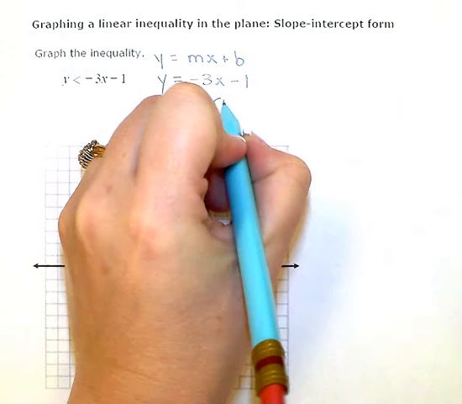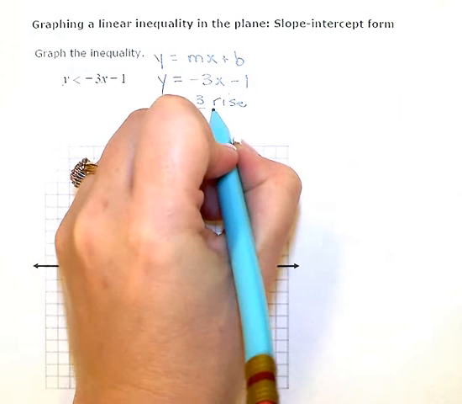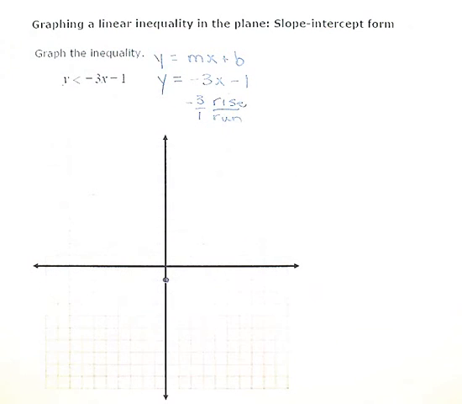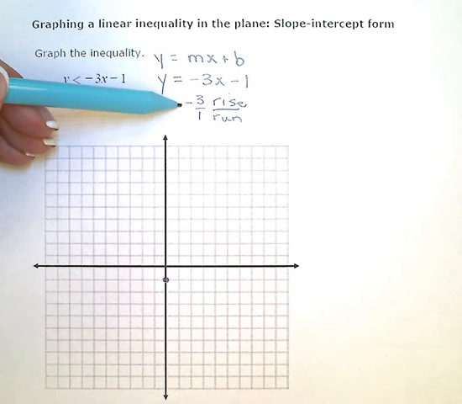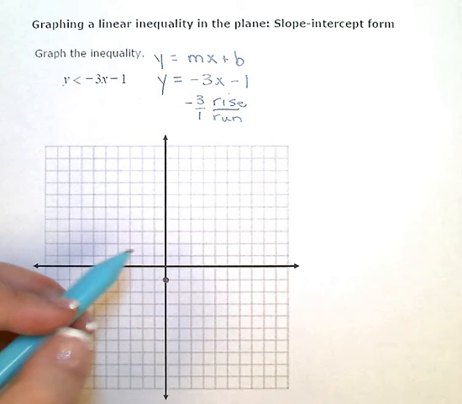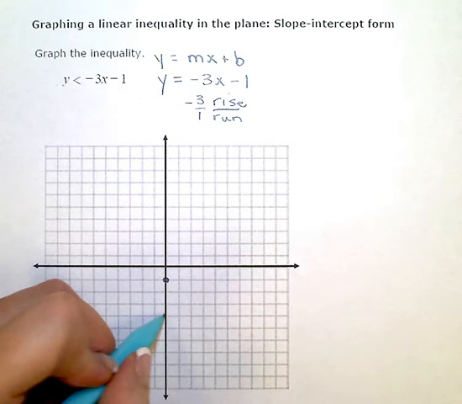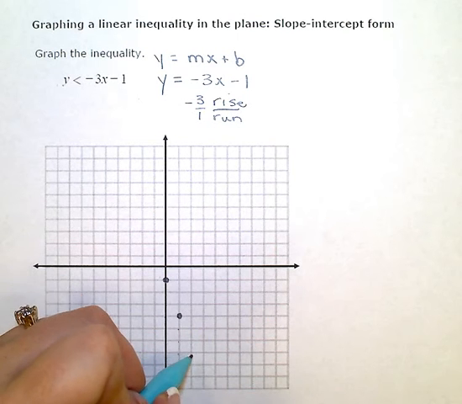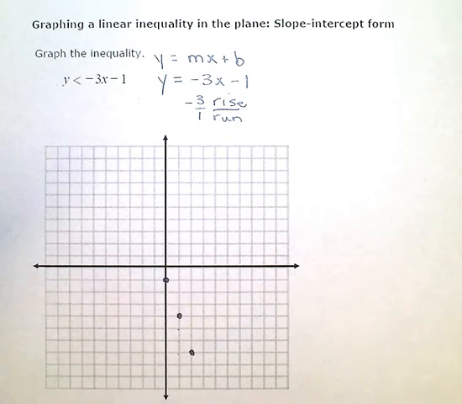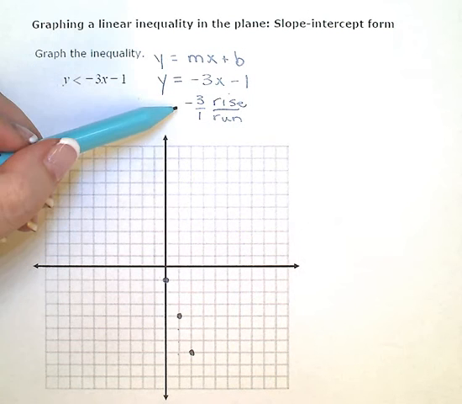Slope is rise over run. So from this y-intercept value, I'm going to go down 3 over 1, down 3 over 1. Do this a few times. If I want a few more points up this way, I can just reverse this in both directions.